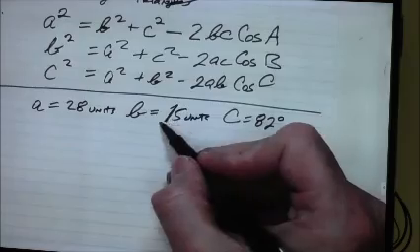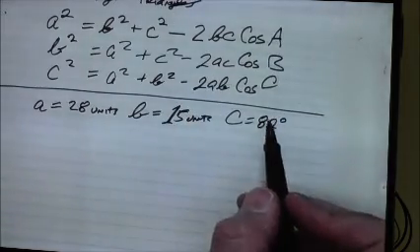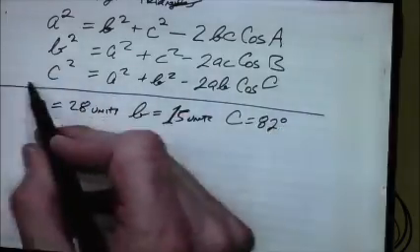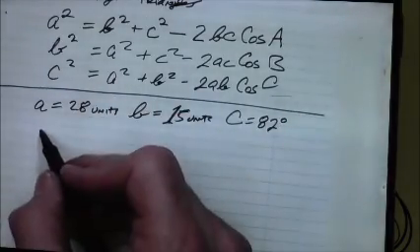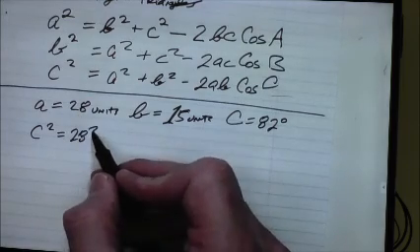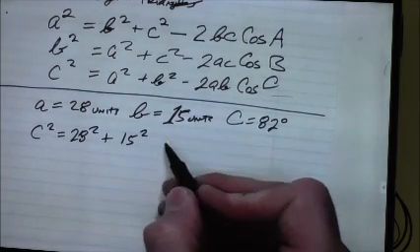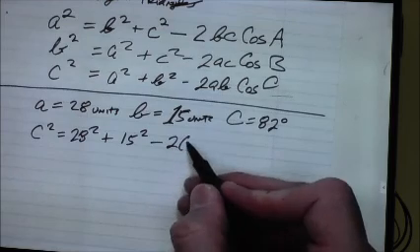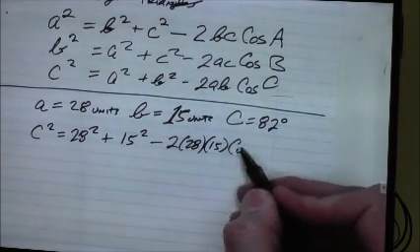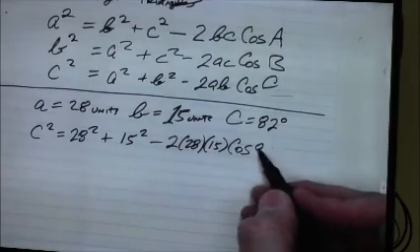That's all we need to know, because we now know two sides and the angle in between them. That means we can use this one right here. So I'm going to say C squared is A squared plus B squared minus 2 times A times B times the cosine of 82 degrees.